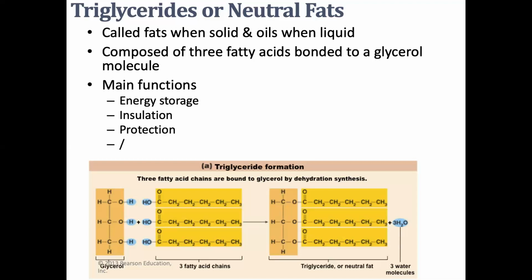Okay, now an important point here is, why does the body use triglyceride as our energy storage mechanism instead of something like glycogen? And the reason is that it takes up less physical space.